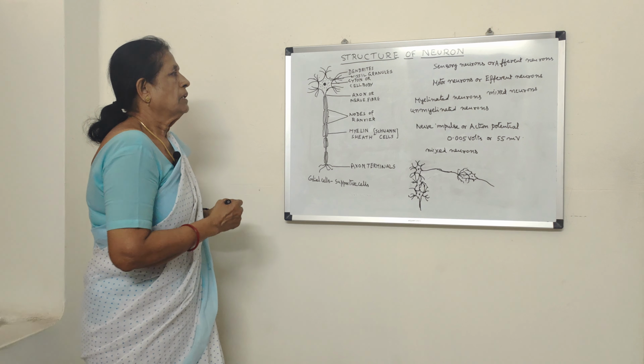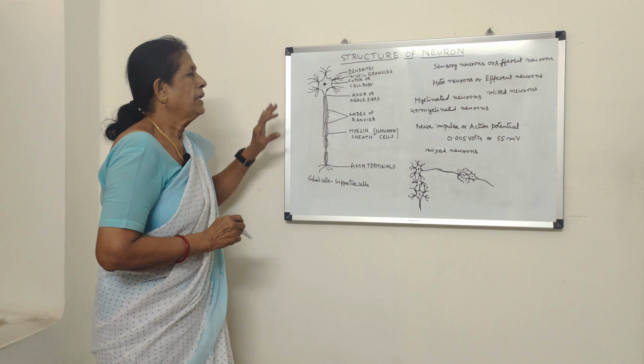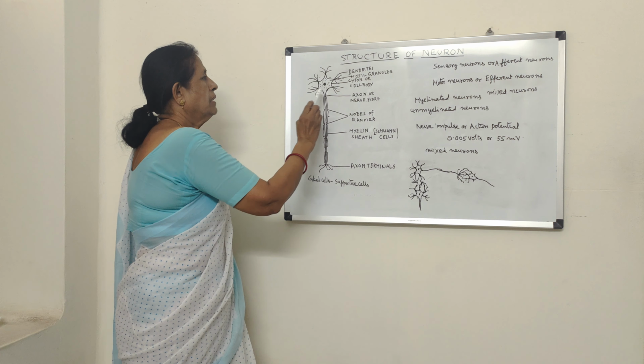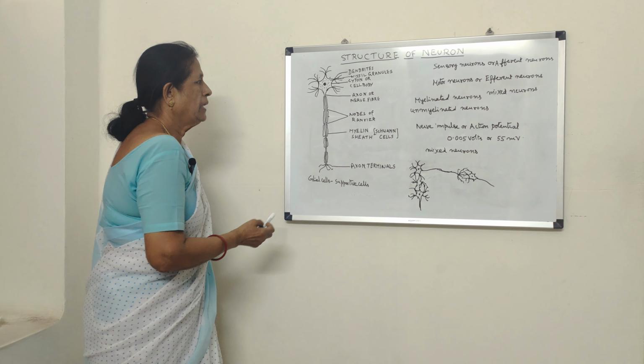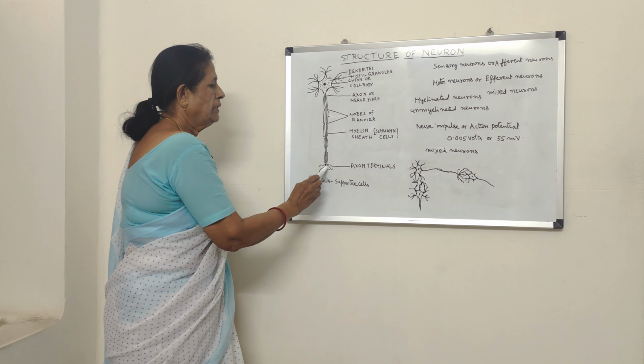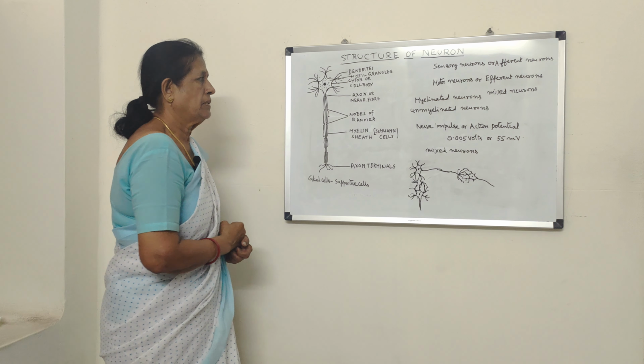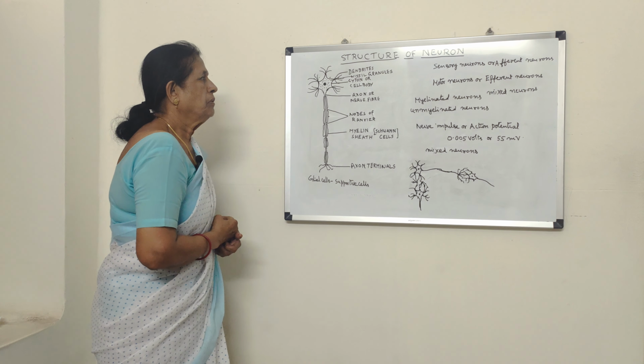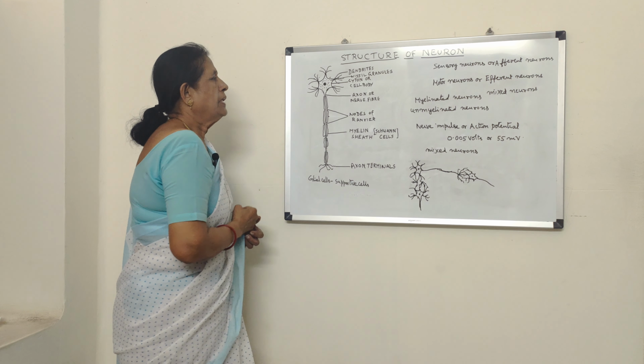If you see the structure of neurons, basically they contain three parts: dendrites, cyton, which is also called the cell body, and axon, which ends with axon terminals. So these are the important parts of a neuron. First of all, dendrites.